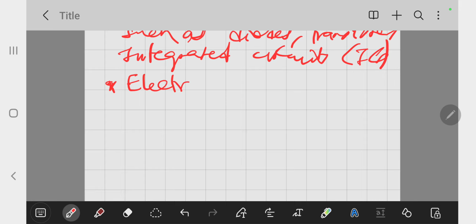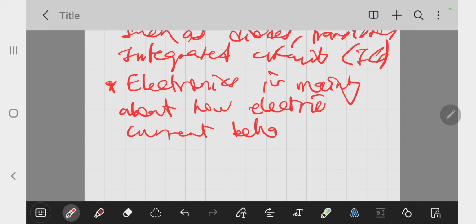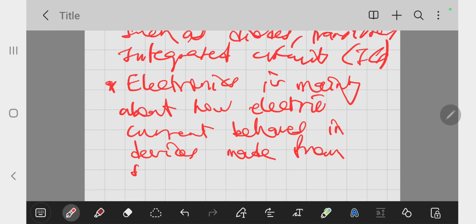So we are saying that electronics is mainly about how electric current behaves in devices made from semiconductor materials.